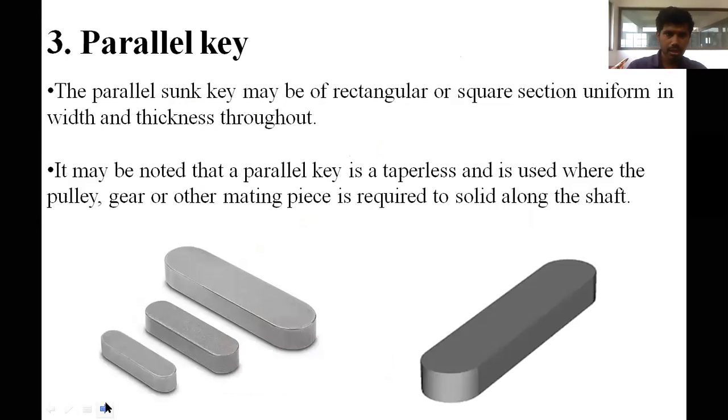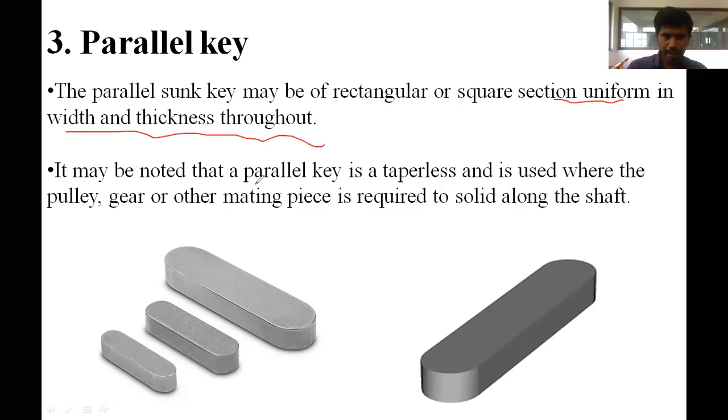Next, parallel keys. Here it may be a rectangular or square section uniform in width and thickness throughout. You can see this kind.